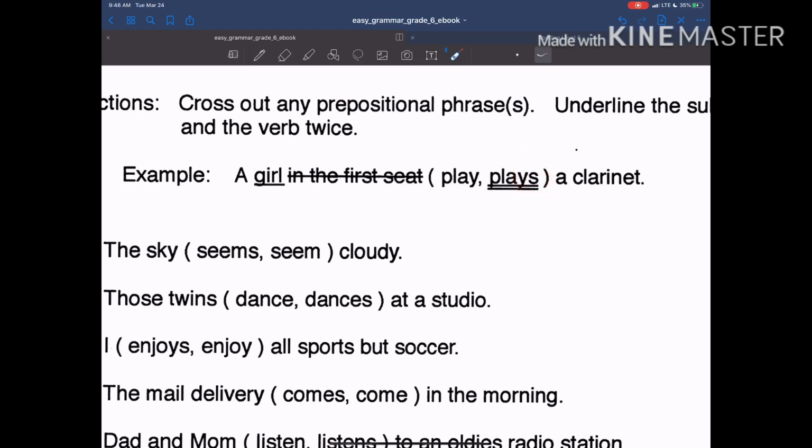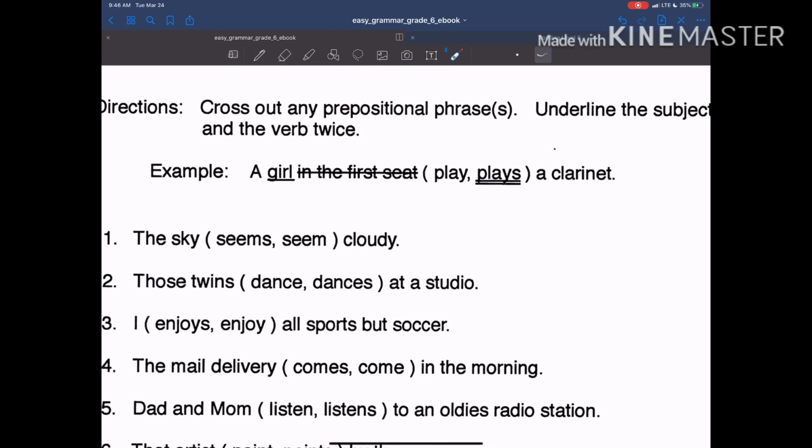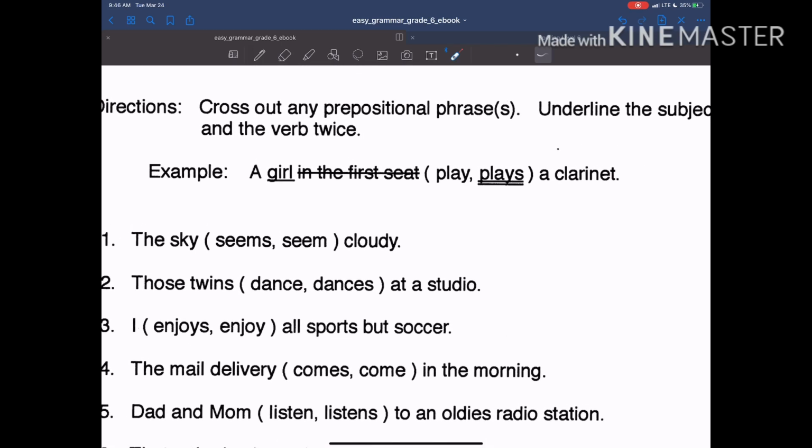When we have a plural subject, our verb will have an S at the end. Okay? When you have a singular subject, it will have an S at the end. Sorry. When you have a plural subject, that means more than one, it will not have an S at the end, so it would be play. If this would have said girls, this would have been the girls in the first seat play a clarinet.